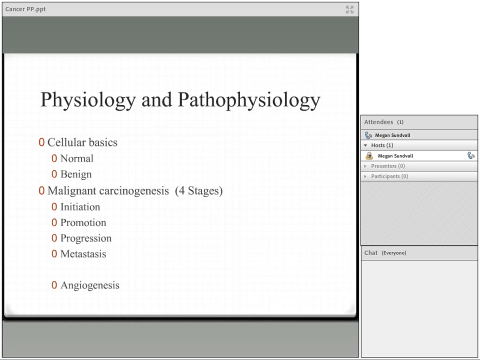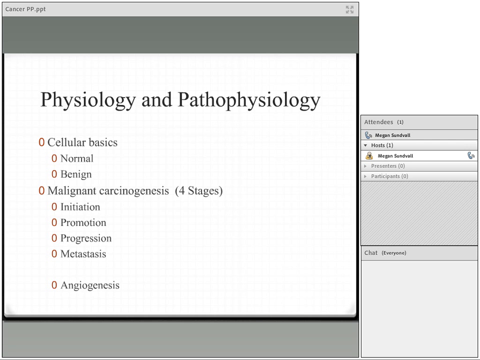So with metastasis, which is the last one on there, we talk about the spread of malignant tumors from one location to another, and they typically follow a blood or lymph path or invade adjacent tissues. So we had talked a little bit about in class, but rectal and prostate typically metastasize to the lungs, where colon typically metastasizes to the liver.